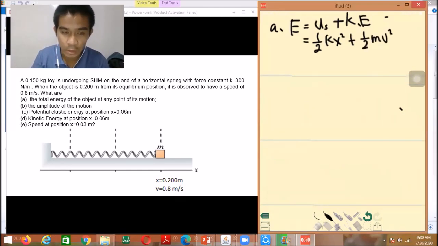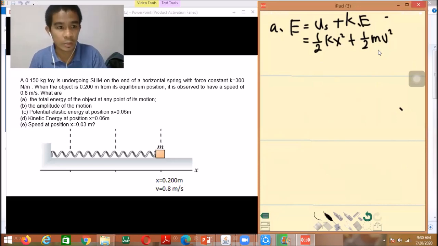When the speed is 0.8, the object is at 0.2 position from equilibrium. So we have position x and speed v. We know the mass attached to the ideal spring is 0.15 kilogram, and the spring constant is 300 Newton per meter. So we can solve for the total mechanical energy.